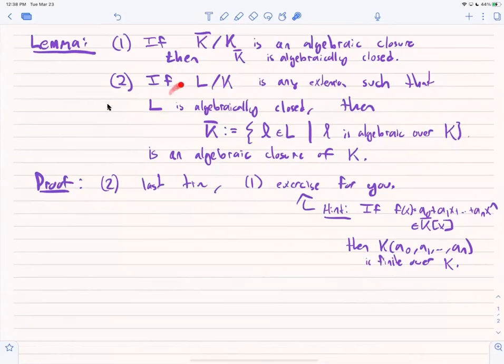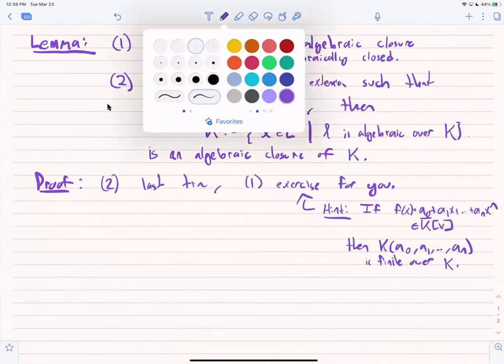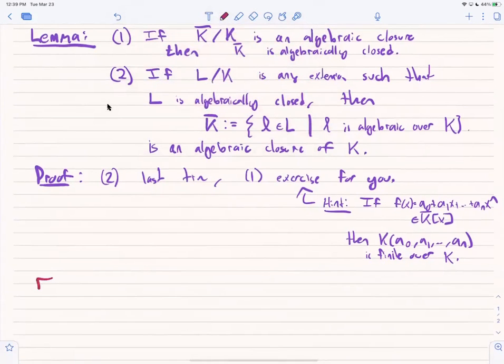And 2 is a little more powerful because it's something we can use to actually produce an algebraic closure. 2 is the thing I mentioned last time, which shows that if we want to show any field has an algebraic closure, then we don't need to produce an algebraic closure on the nose. We just have to produce any algebraically closed field that contains it. And so the example of how that worked: if I take Q bar, which is just all the complex numbers that are algebraic over Q.